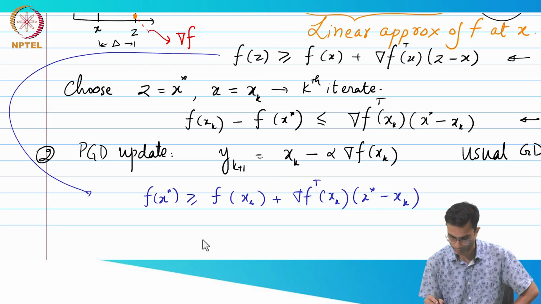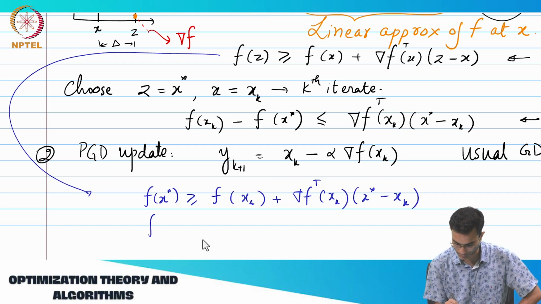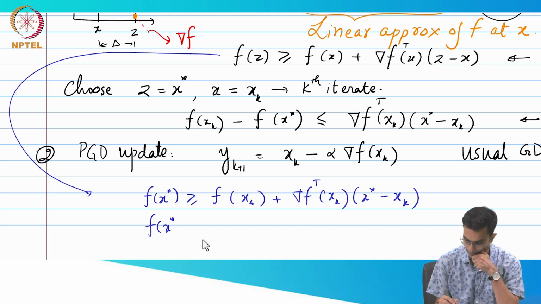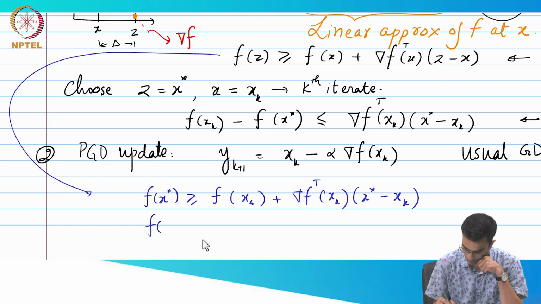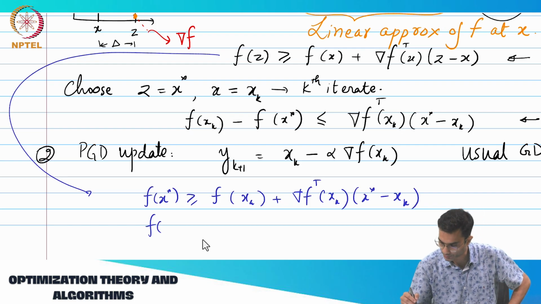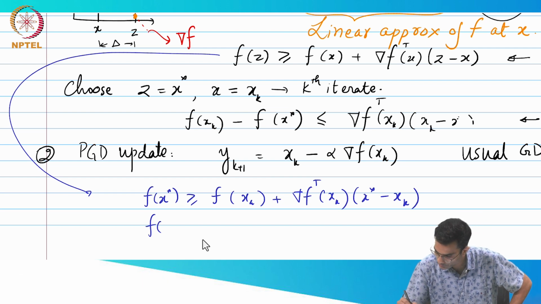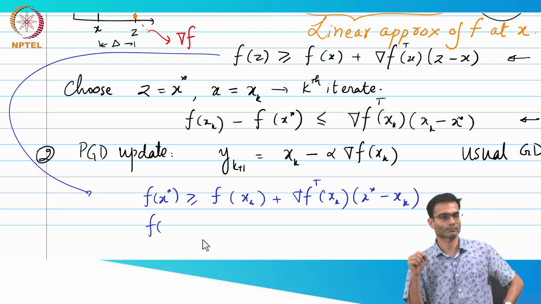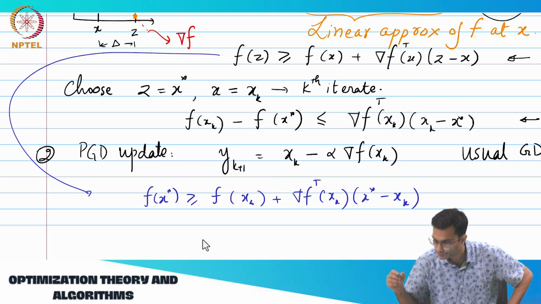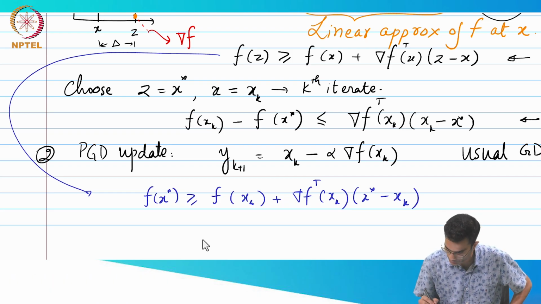If I want to keep f of xk there, this is going to be f of x star, and I want to keep it in x. So you're right, the inequality gets flipped. Thanks for catching it. Just correct your notes.